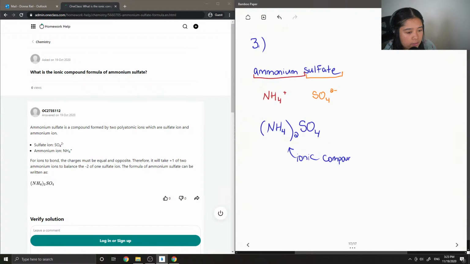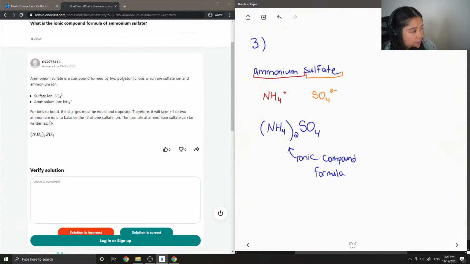So this is the ionic compound formula. Let's see what the junior tutor said. Ammonium sulfate is a compound formed by 2 polyatomic ions, which are sulfate ion and ammonium ion. Sulfate ion is SO4 2-, ammonium is NH4+.